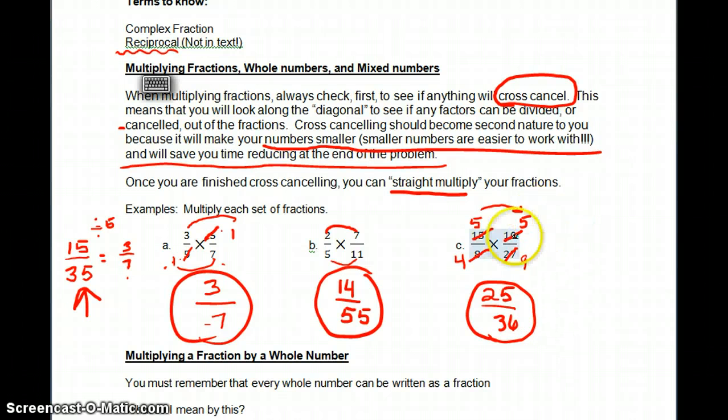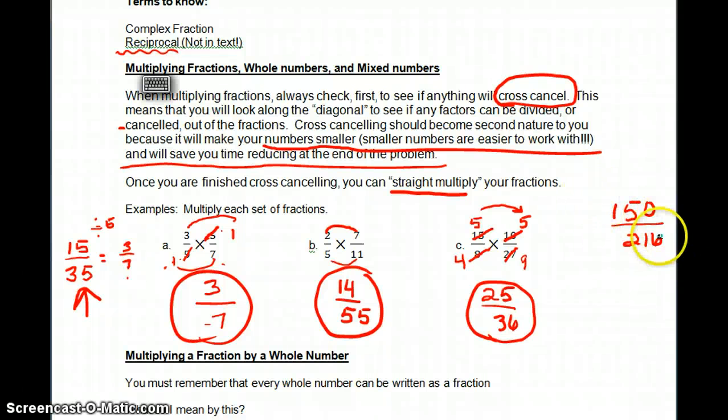Now, if you forgot to cross cancel, which is okay, it's not mandatory that you do that, you would have gotten 150 over 216 when you straight multiplied those fractions. So as you can see, those are big numbers. Nobody likes big numbers.